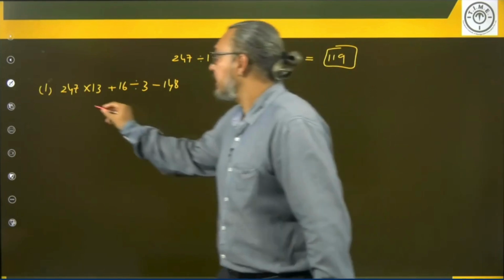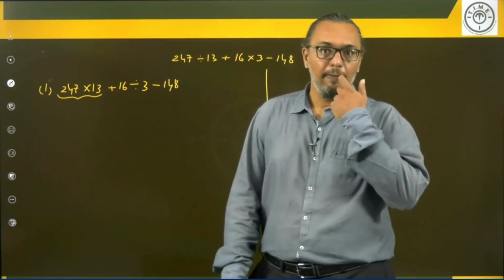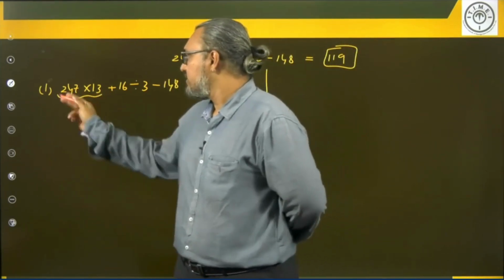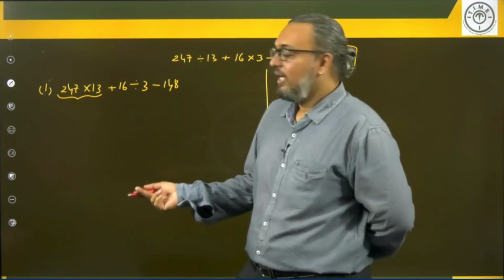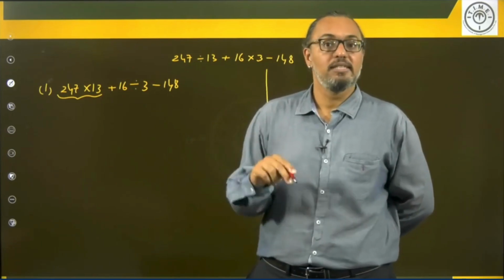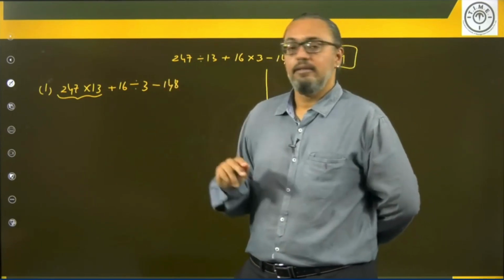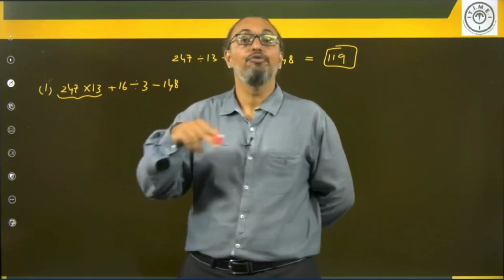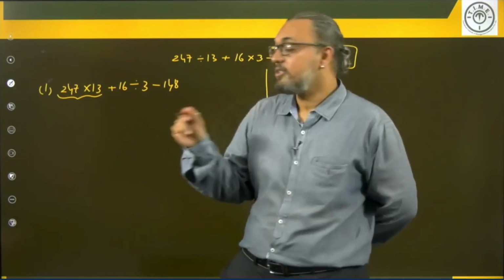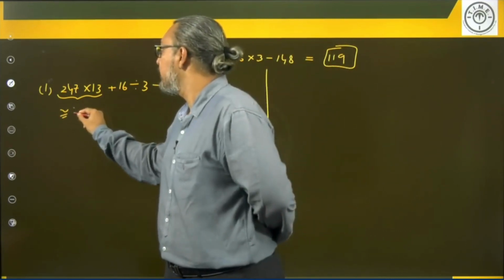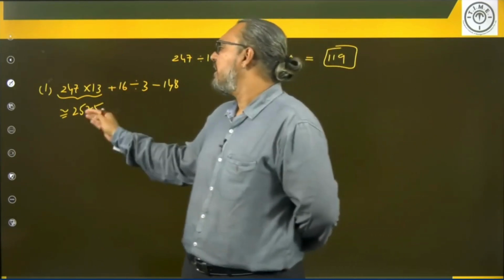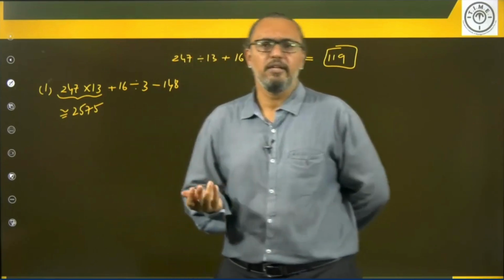Now the point here is, if I take 250 into 13, 250 into 10 is 2500, and then 25 into 3 is 75, so 2575. It may be a little less, maybe 2300 or 2200.